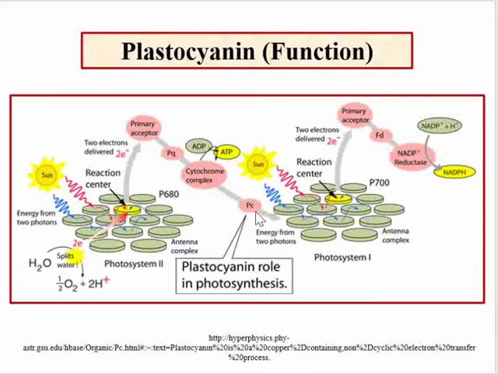So this is the plastocyanin, present here at the entry of photosystem 1. So electrons transfer from cytochrome to plastocyanin and from plastocyanin to photosystem 1. This is the electron transfer process involved in plastocyanin.